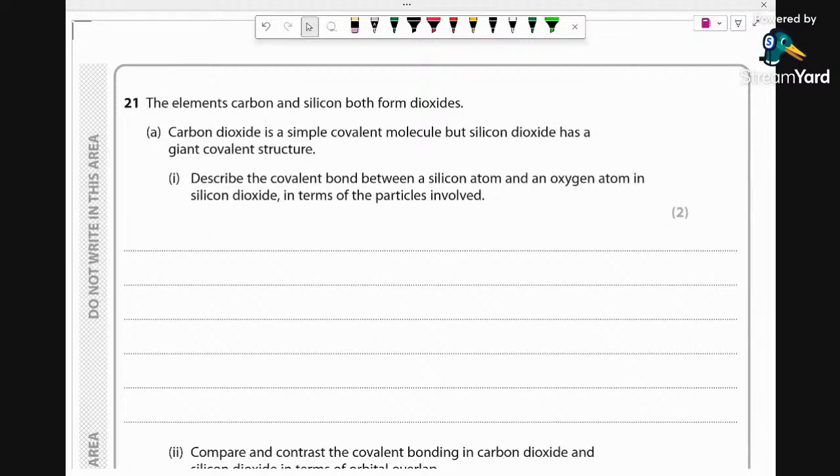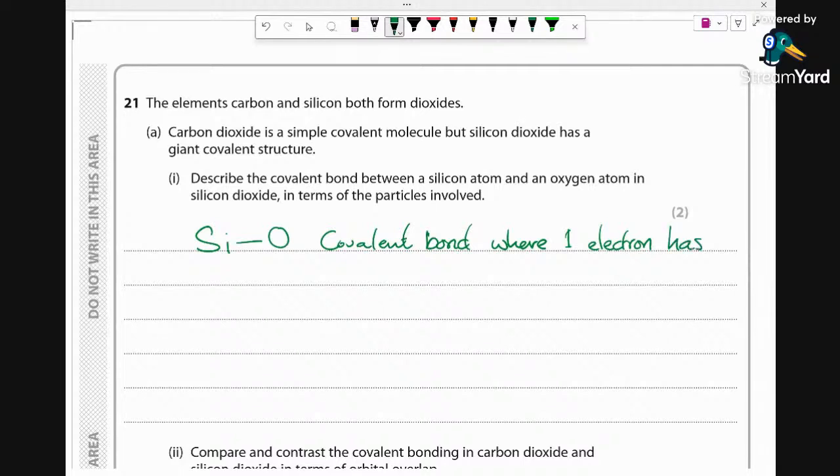Okay, so your silicon-oxygen bond in silicon dioxide is a standard covalent bond, where one electron has come from each atom in the bond.